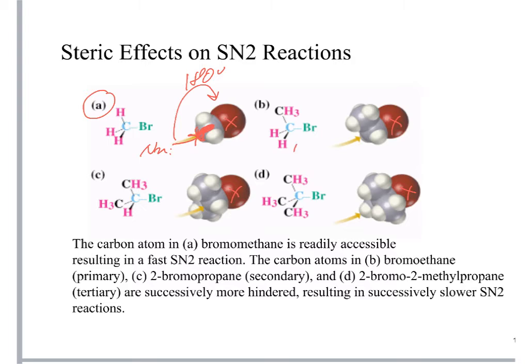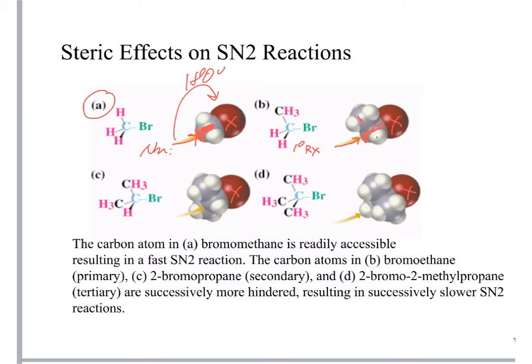Here we have a primary alkyl halide. So now the nucleophile can still readily approach because on the backside of the reacting carbon, there is still not that much steric crowding. We have a methyl group on the side and 2 hydrogen atoms.